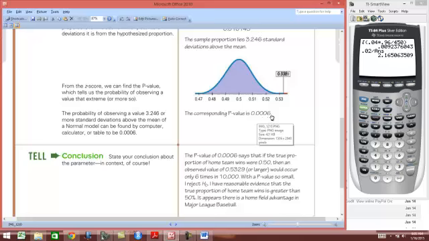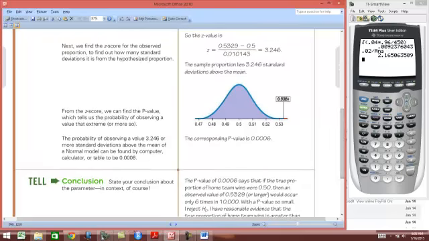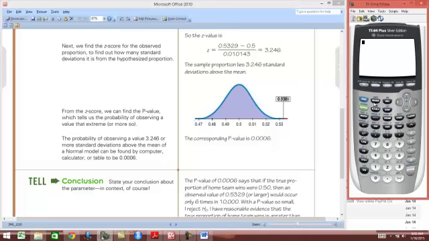Now the p-value is simply the output from normal CDF. I might as well just put it in here. Normal CDF, and I'll put in 3.246, going from here all the way to the end of the tail. That's the part in red. You can hardly see it.